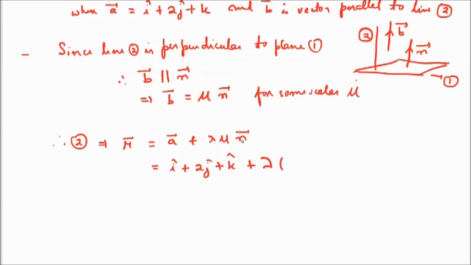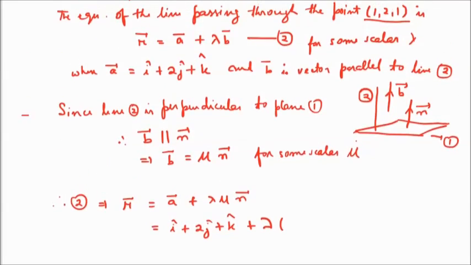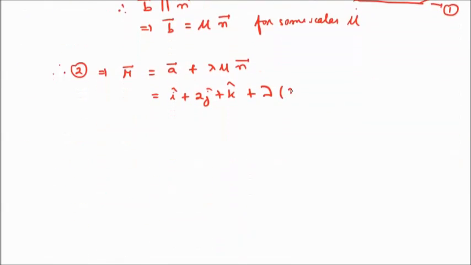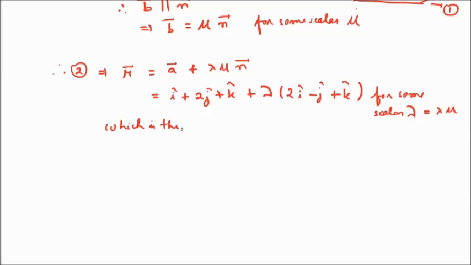And this n vector, we know that this value is 2i cap minus j cap plus k cap. So if I put the value here, this will be r vector equal to i cap plus 2j cap plus k cap plus nu times (2i cap minus j cap plus k cap) for some scalar nu equal to lambda into mu, which is the required equation of the line.